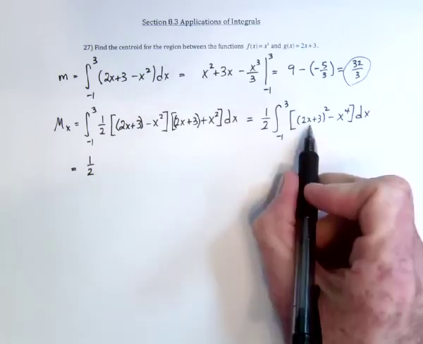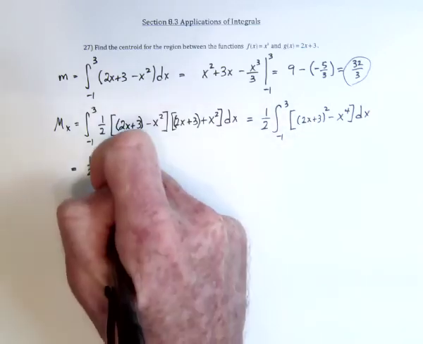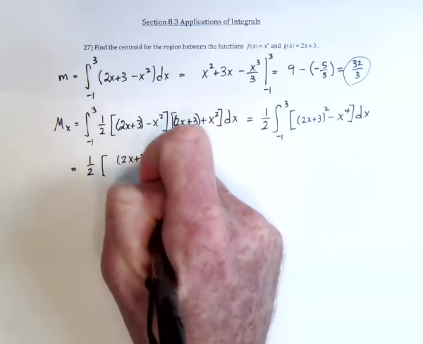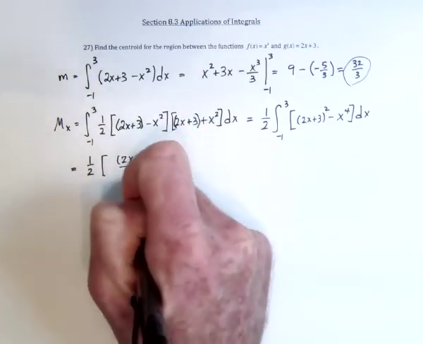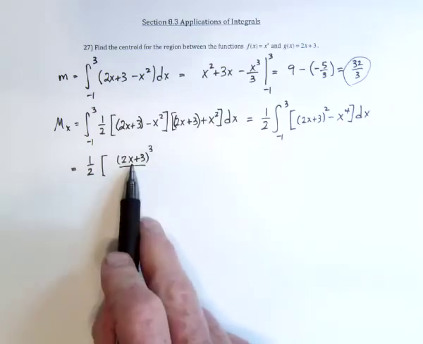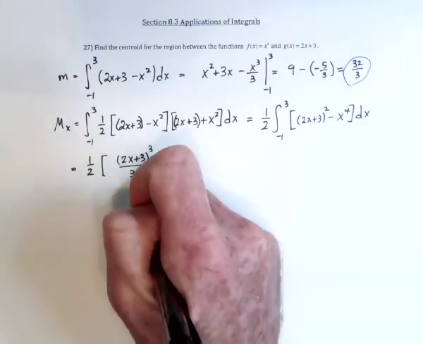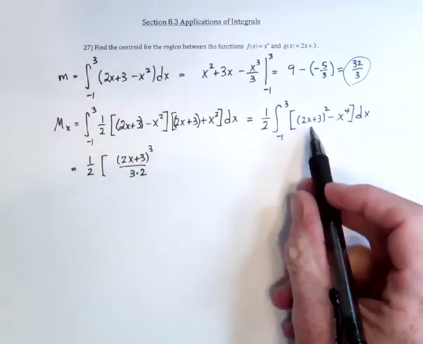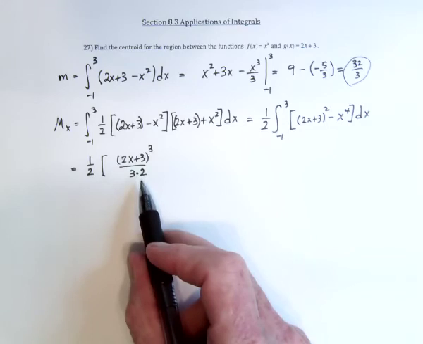So this one is going to be 2x plus 3 cubed over 3. But don't forget the chain rule: the derivative of the inside is 2, so we need to divide by 2. Or if you don't like that idea, go back and use u substitution, and it will do the same thing for you.